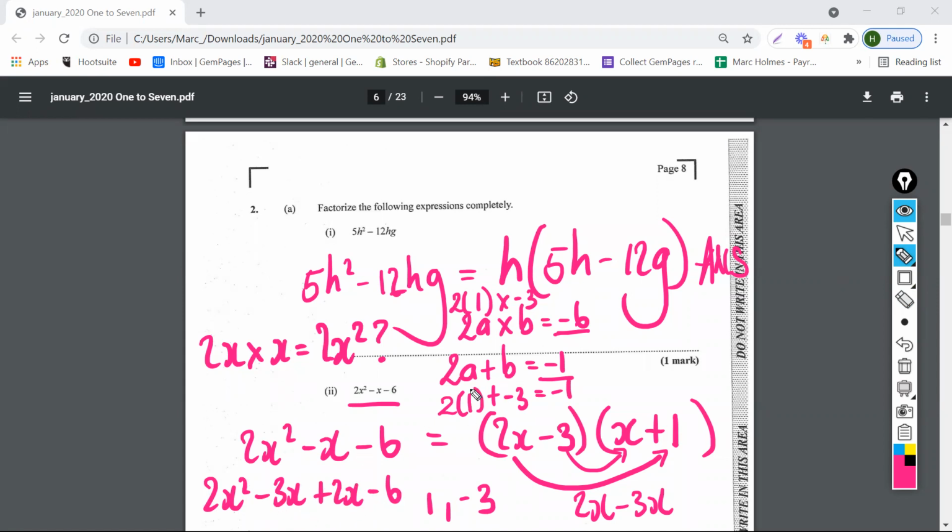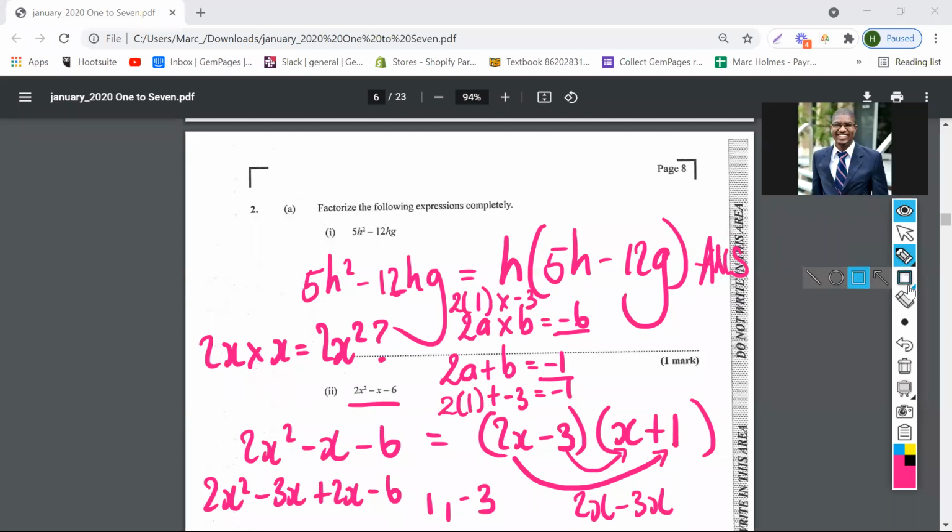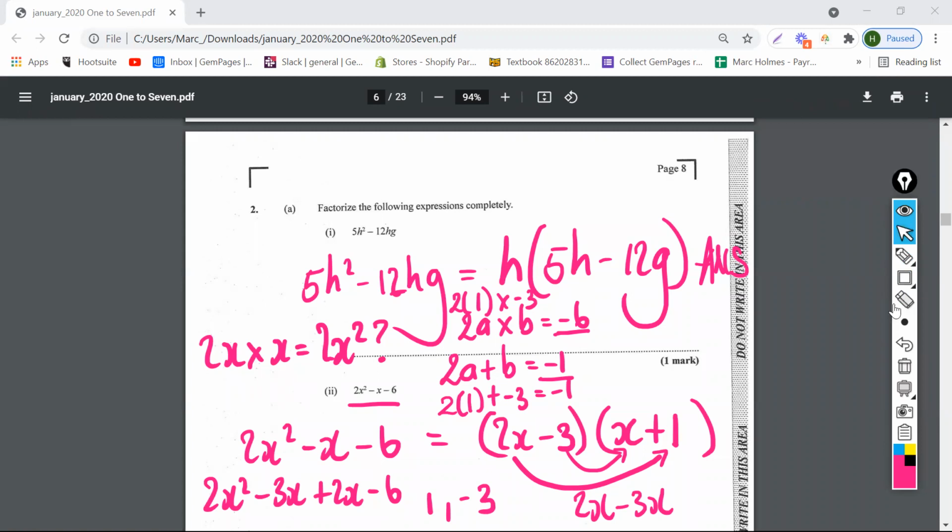I like this one better, but it's really up to you guys to choose which method you want to use. And of course, the video is in the group as a reference. But you definitely should get your answer back as 2x minus 3 times x plus 1 for sure.